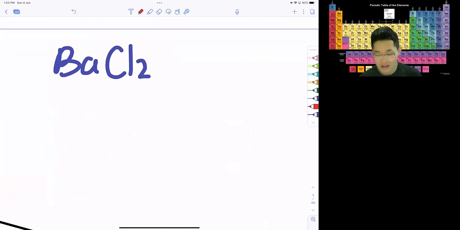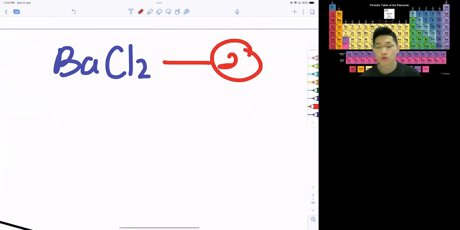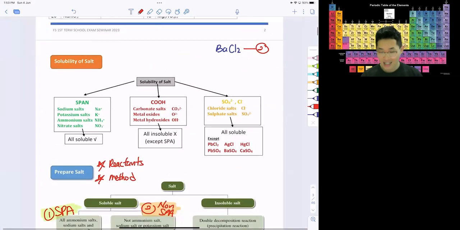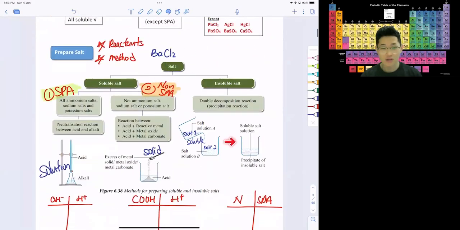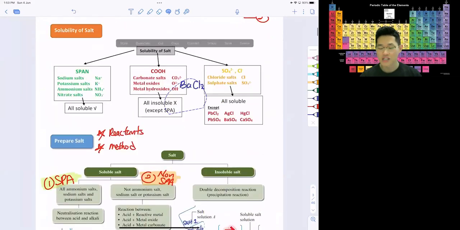Simon, very good. Ian, very good. It should be number 2. Yes, Malcolm, you are right. It should be number 2. Yes. Okay, so always go like that. When you think, you ask yourself, soluble or not? If soluble, you have to ask yourself whether it's spar or non-spar. Okay, good. This is non-spar.